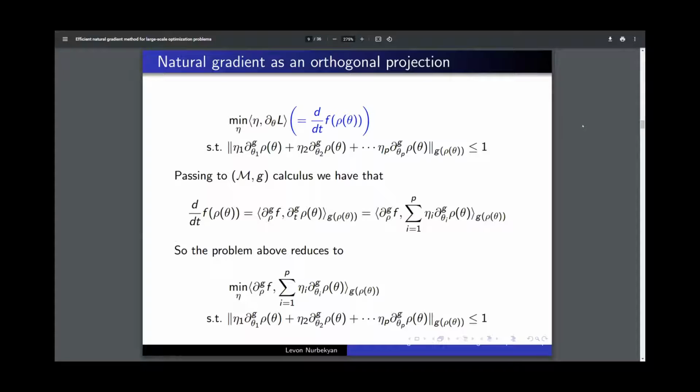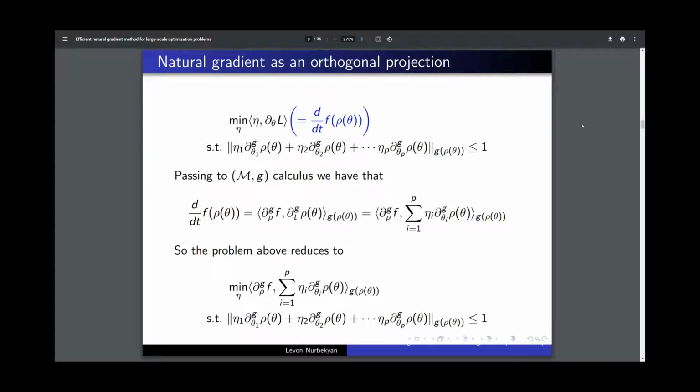First, mathematically. If we pass from the calculus or the geometry on the parameter space to the calculus on the manifold, then it becomes very similar to the steepest descent. If we write everything in the calculus of the manifold space, then the rate of decrease can be written as follows.